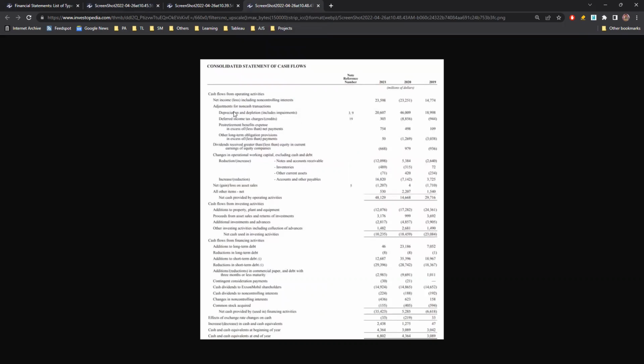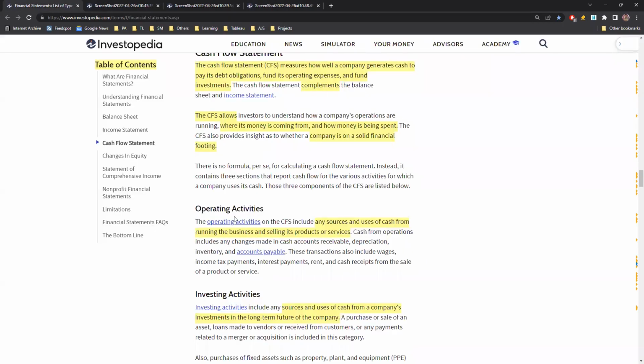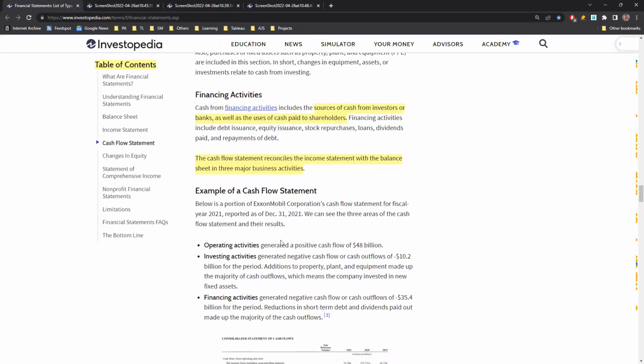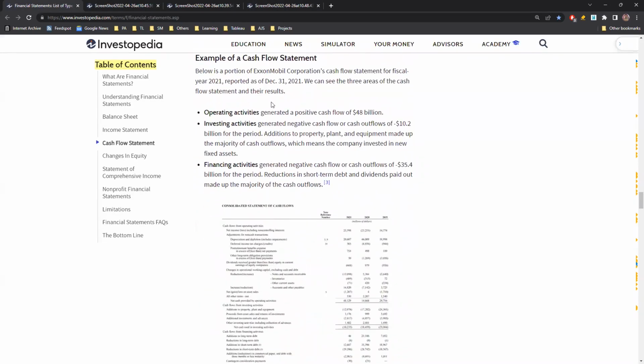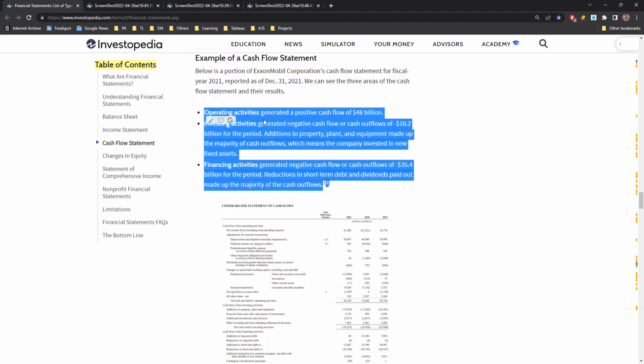If you look at this particular cash flow statement, let me start from this example. We're looking at the same ExxonMobil Corporation's cash flow statement, and here they have summarized these three buckets.